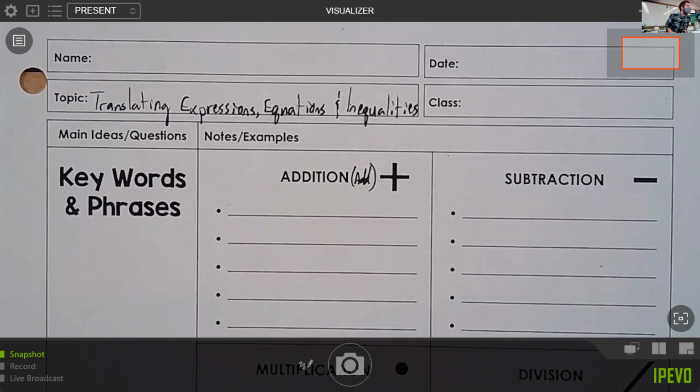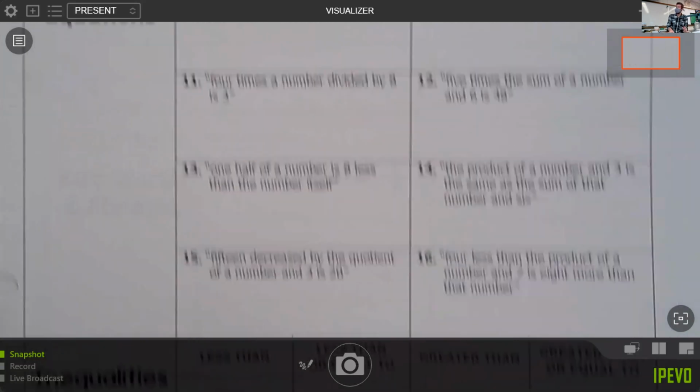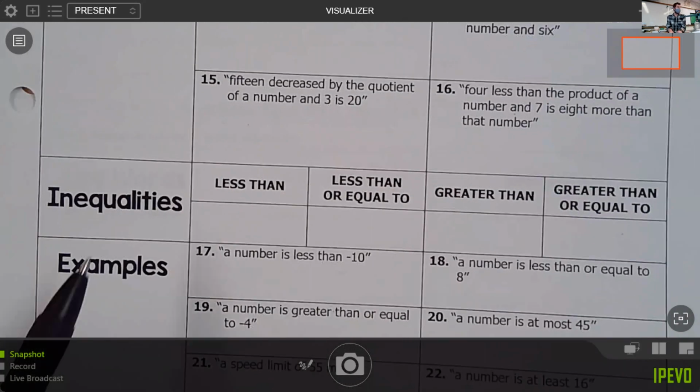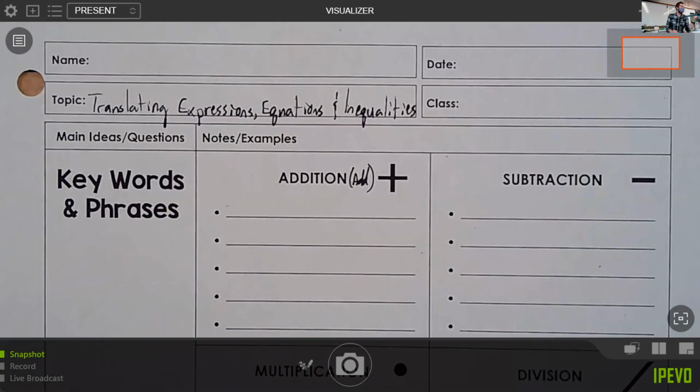Miranda? Greater? Greater actually is going to be, I like the thought, if something is greater than something else, you can think of that kind of as addition, but greater means something is more than something else, and that is actually going to apply to our inequalities, and we'll definitely get there in a little bit. So greater than implies the symbol, but the other way of saying greater than could be more than.